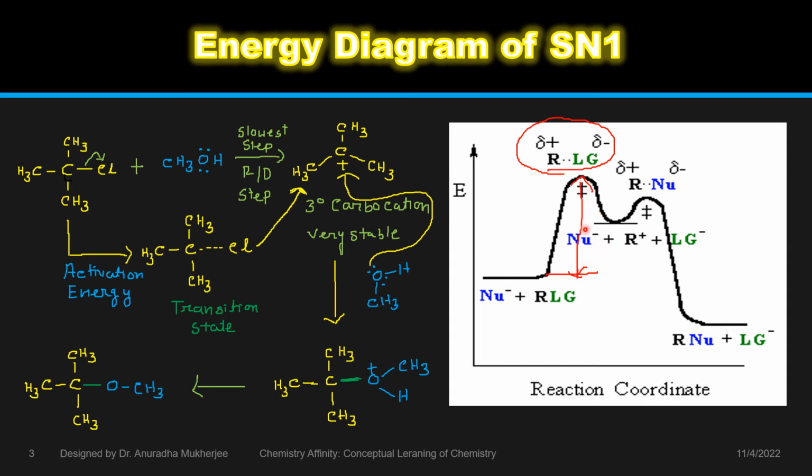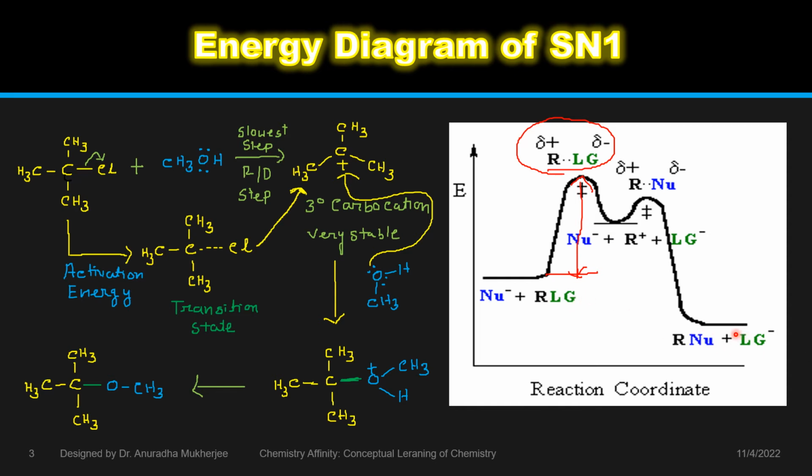Now from this energy diagram, you can see there are two activation energies needed. The first activation energy, needed to form the stable carbocation, is more, and the second activation energy, needed to make a bond with the nucleophile, is less. So the second step happens quickly, and the first step is the slowest step because it needs more energy, it will take more time.